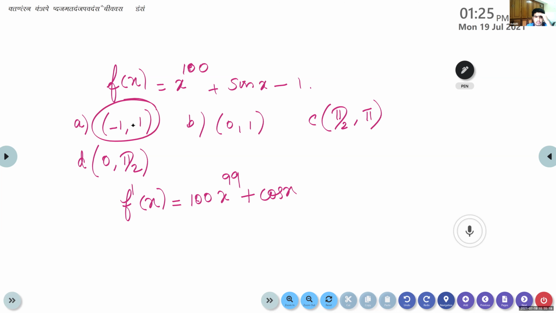Now look at the next case, the interval 0 to 1. In the interval 0 to 1, if you take a value, is it positive or negative? You take a value between 0 and 1, 0.1. Substitute here and check whether it will be positive or negative.